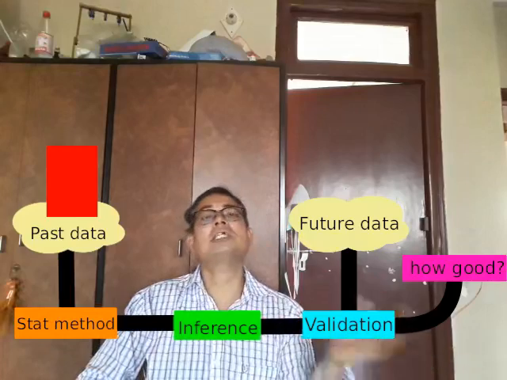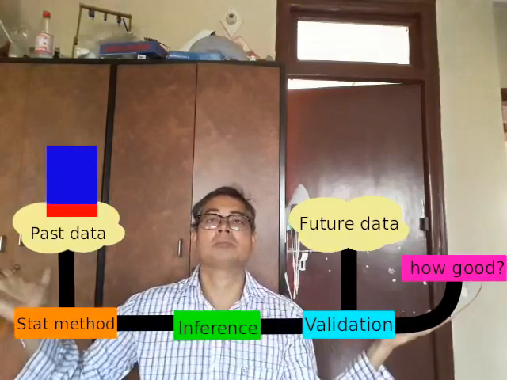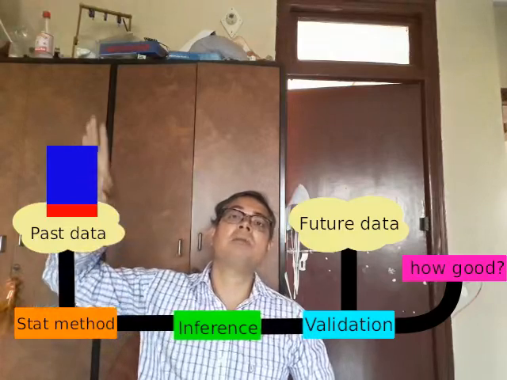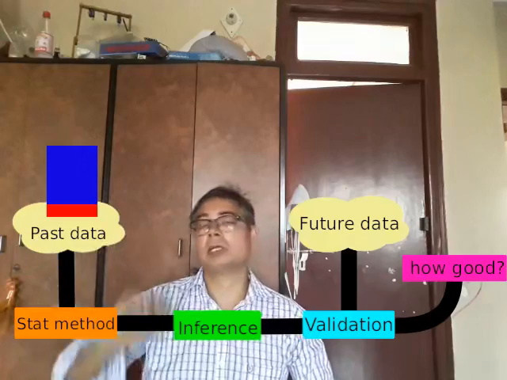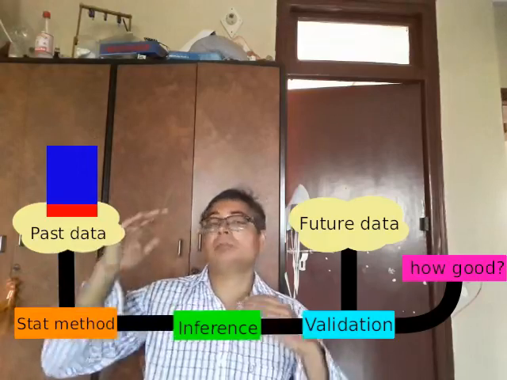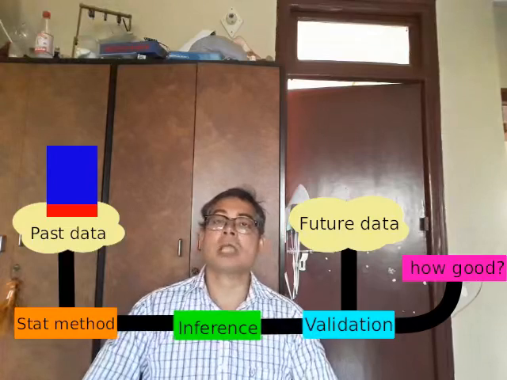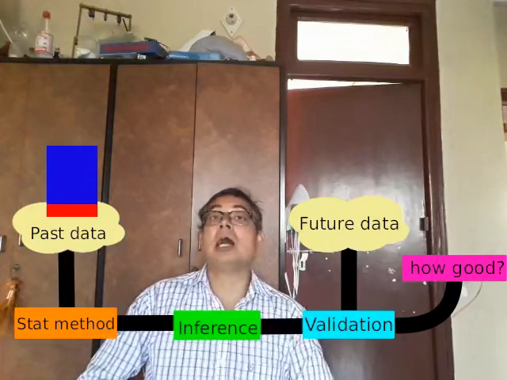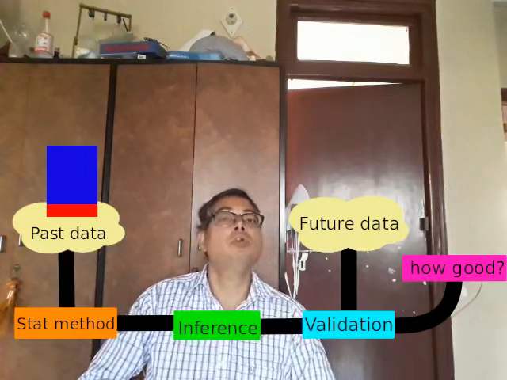What you do is you just split it up into two parts. Here's the entire past data set. You split it up into two parts, the blue part and the red part, as I have shown. One part typically larger than the other. And then you just say that, well, I really do not have the red part. I have only the blue part.